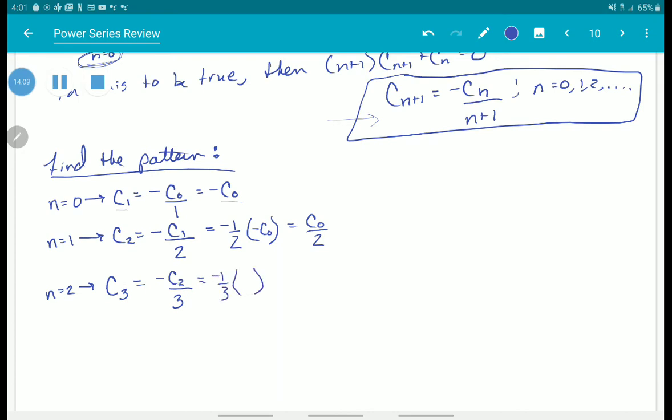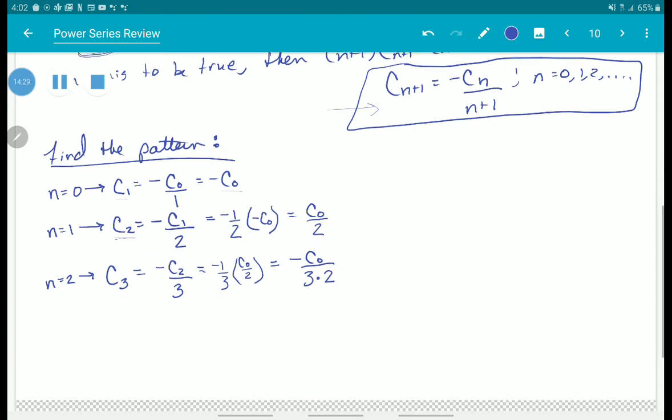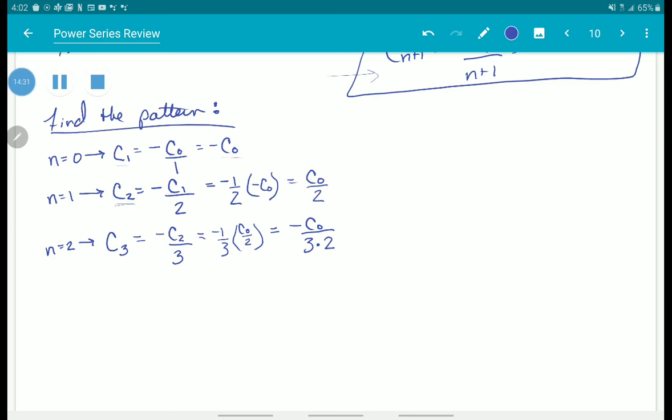But we know what C2 looks like. We said C2 was C naught over 2. So we can write all these constants in terms of C sub 0 or C naught. So we have negative C naught over 3 times 2. And I am going to leave it as 3 times 2 in case we need a factorial here. And in this case, we probably will.